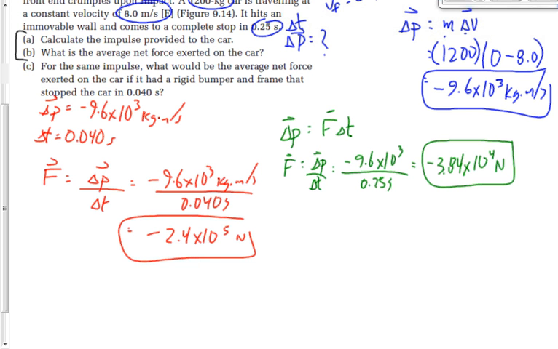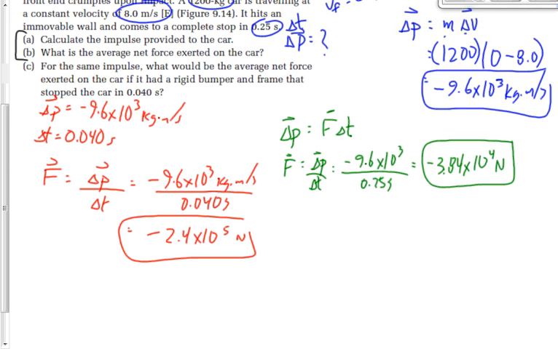What do you notice about these two forces? Take a look at the numbers. Clearly, they're not the same value. Are they in the same direction? Yes. In both cases, we're stopping a car that's moving to the east, so in both cases the force must be to the west.